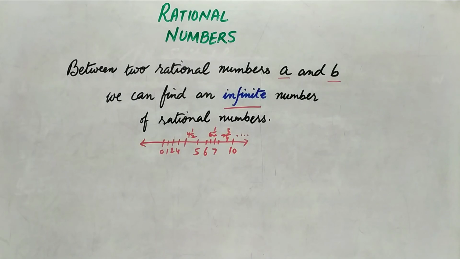There are countless numbers between any two given rational numbers. How to find these numbers? There are many methods that we will discuss in our next video.